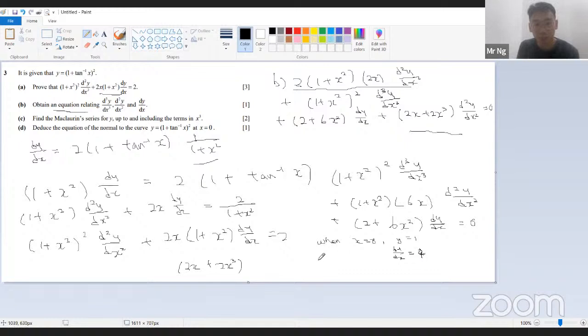Now after that, d3 will be equal to d3y over dx cubed plus 6 d2y over, sorry, I haven't done d2 first.